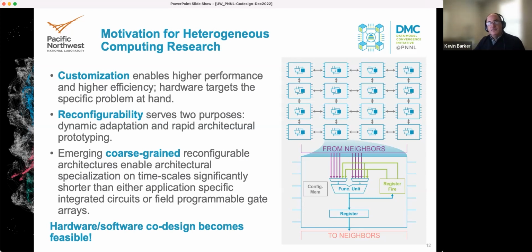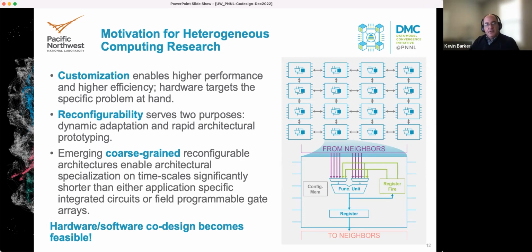Plus, we're making use of trends like reconfigurability for a couple of purposes. One is rapid prototyping. If we have a CGRA or something, we can test these architectural design concepts without having to tape out a chip and get something manufactured. And that's really been the bread and butter of FPGAs for quite a while. But we also use reconfigurability in and of itself.